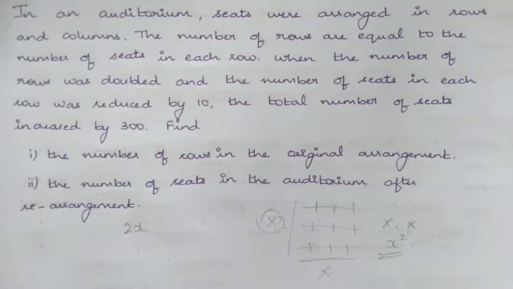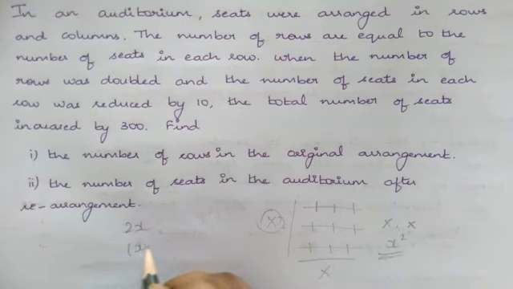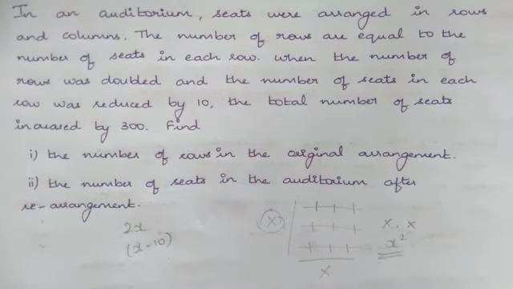And in each row, the number of seats is reduced by 10. In the actual arrangement we have x seats in each row, which is now reduced by 10, so we are going to have x minus 10 seats in each row. This is all from the actual arrangement only.